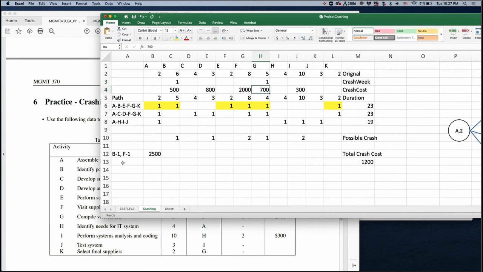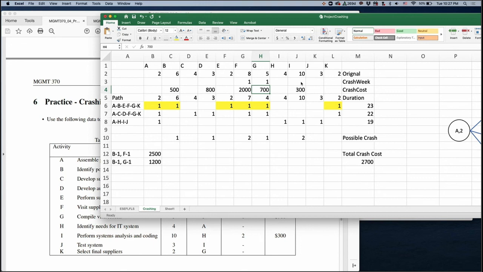Then another possible scenario. We crash B by 1 first. Now we are done. And now we can change F first. You can crash F by 1 week. Then another possible scenario is you can crash one more week for activity G. Then you crash F by 1 and G by 1, and the total cost is 27,000.